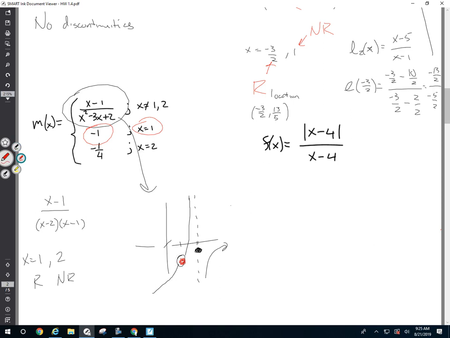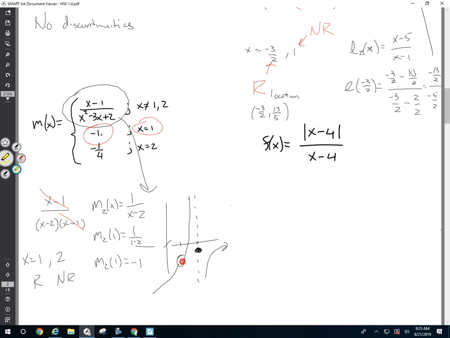If I simplified the x minus 1s, and I create a new function m sub 2 of x equals 1 over x minus 2, and I plugged in 1, I would find that the location of my hole for just this piece is at 1, negative 1.